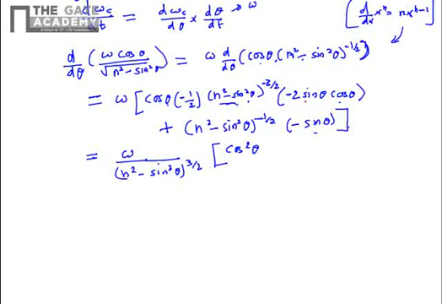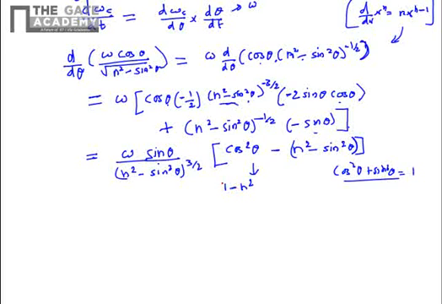Sin theta also is common to both the expressions, so we will take sin theta outside, n square minus sin square theta. So this is a quantity, and here this will be in bracket. When you open the bracket, you will get cos square theta plus sin square theta, that will be equal to 1. So this will come out to be n square 1 minus n square.